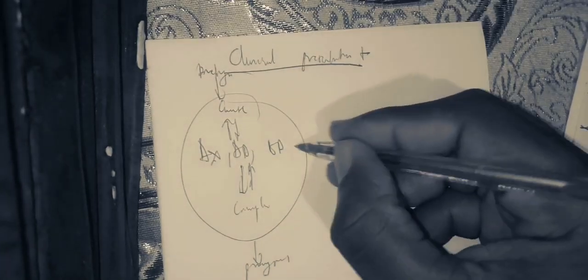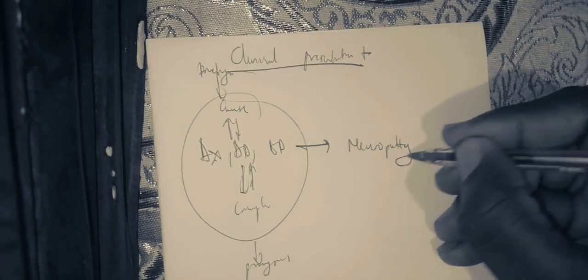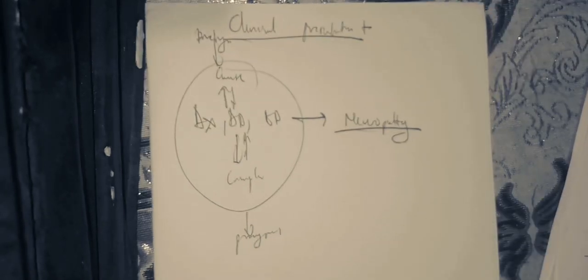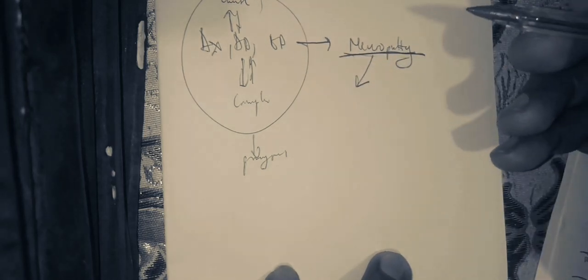Okay, now the disease in this case is a neuropathy. Is it clear? Now we need to know that we have presentations of neuropathy. The presentation of neuropathy can be divided into two major parts.